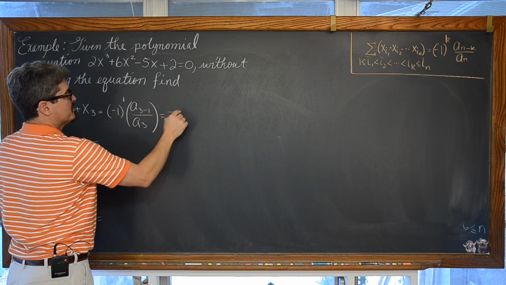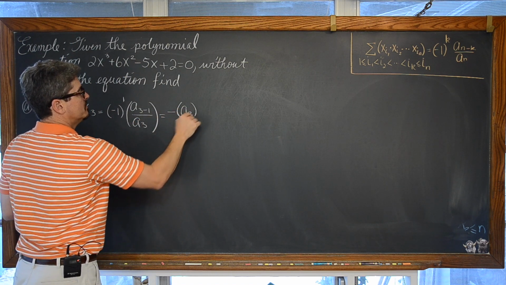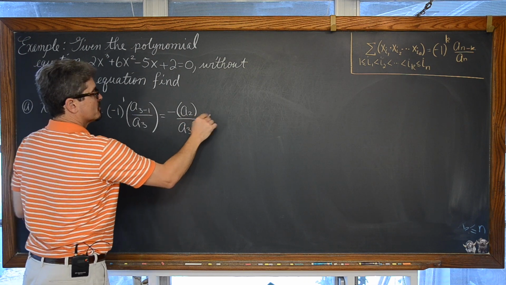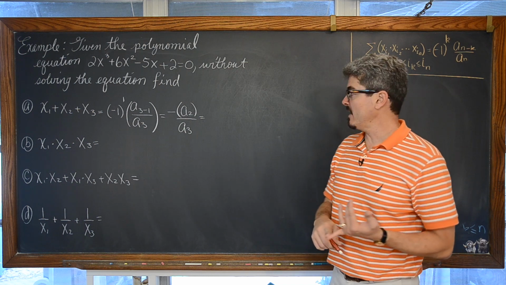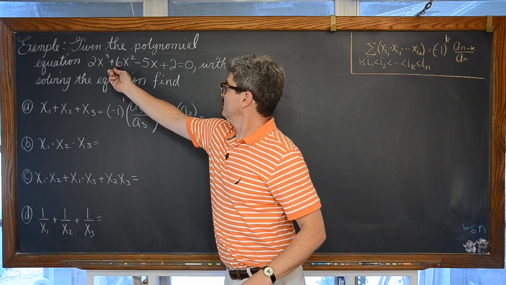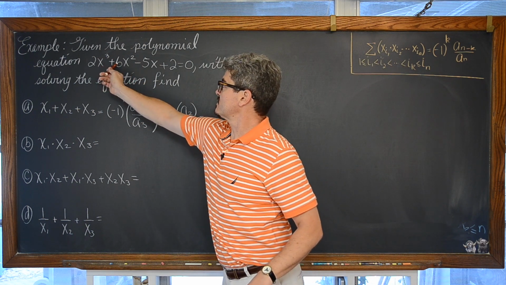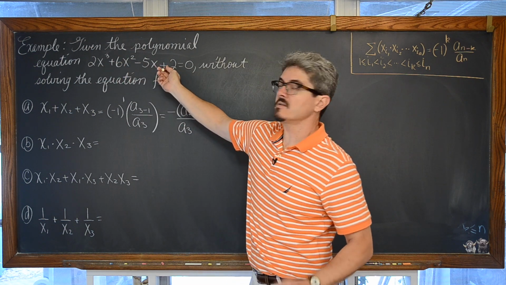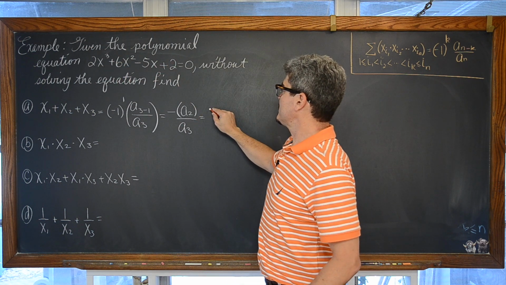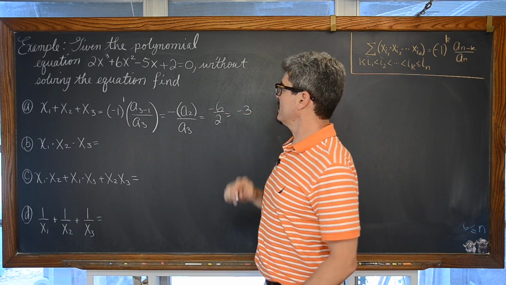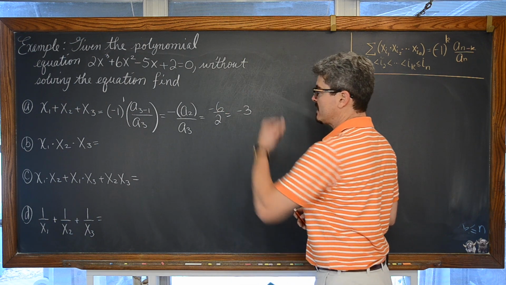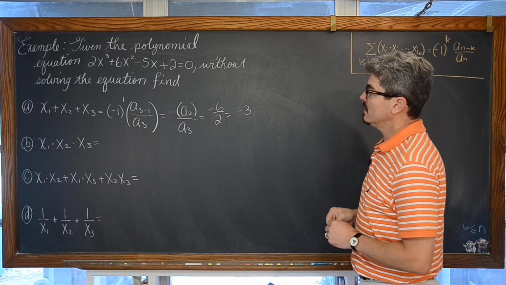So we're looking at the opposite of a sub 2 over a sub 3, or like our note said, the opposite of b over a. This is a sub 3, this is a sub 2, a sub 1, a sub 0. So we're looking at the opposite of 6 over 2, or negative 3.